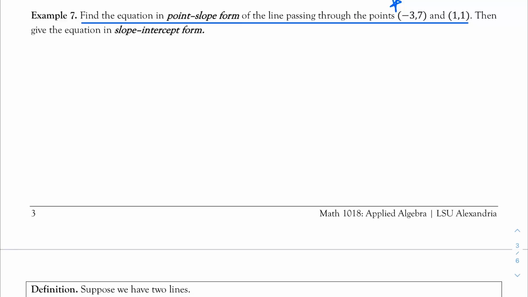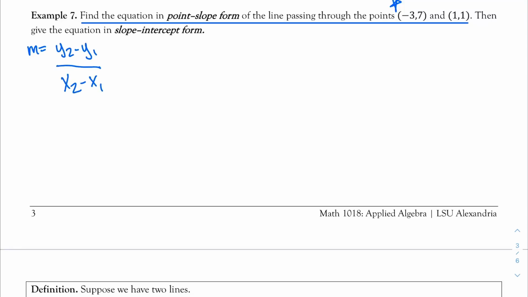So I have a point, but now how do I get the slope? I don't have something that tells me slope is equal to whatever. But what I do have, I know I can calculate slope if I have 2 points. Remember, slope is y2 minus y1 all over x2 minus x1.